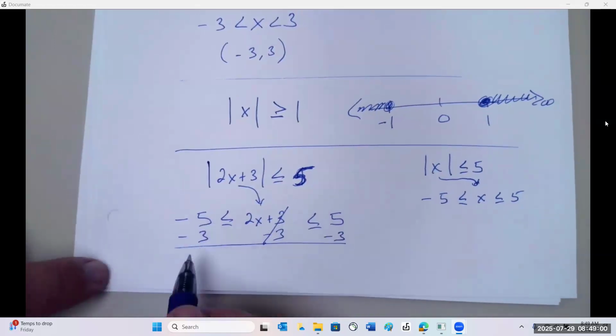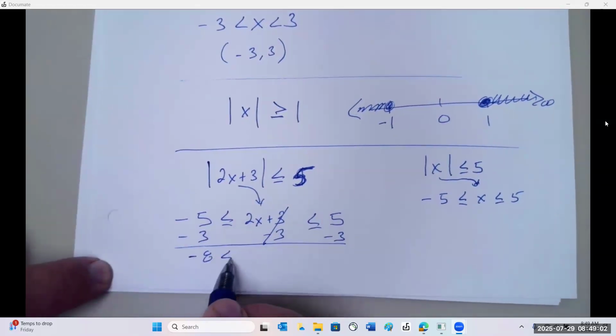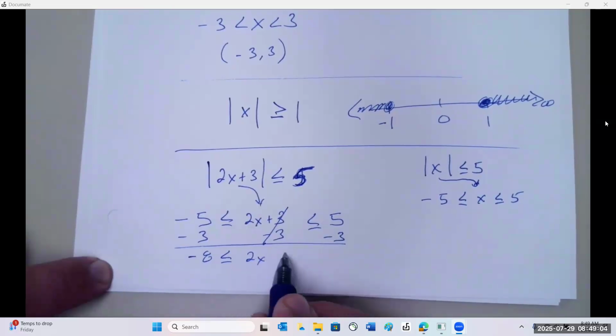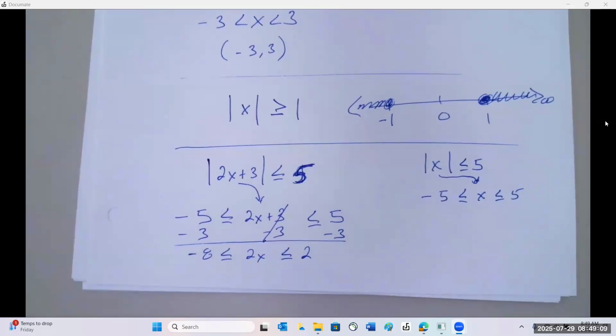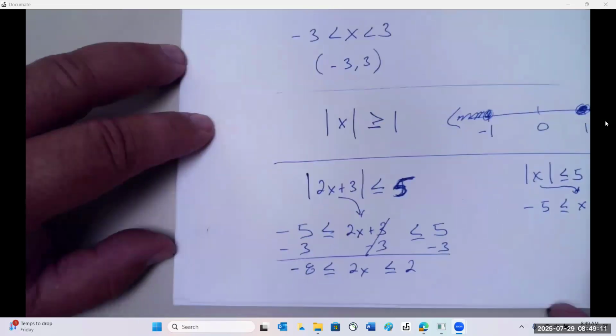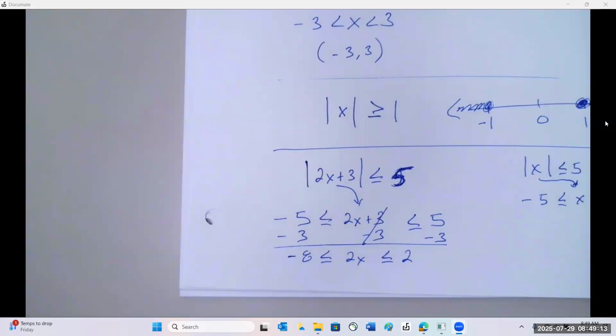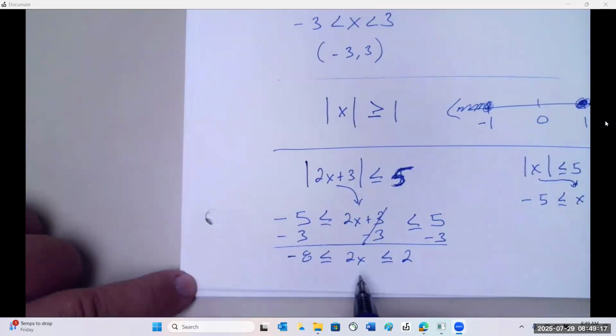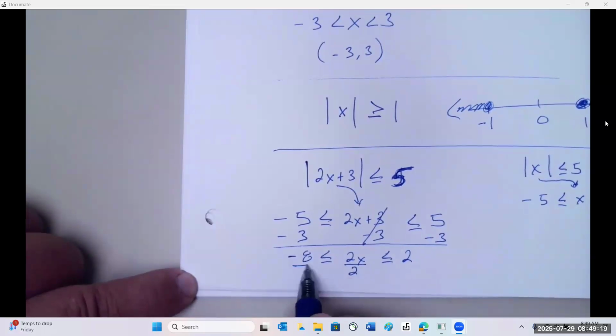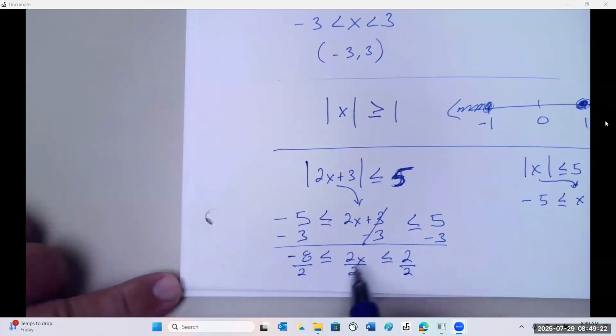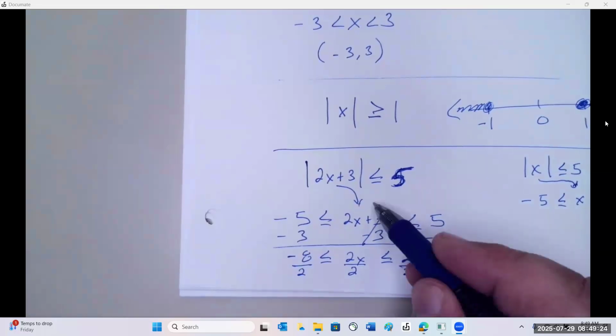So we have negative 5 minus 3 is negative 8. 2x. 5 minus 3 is 2. Now what do we do? Divide by 2, because we're solving for x. The only thing we have to look at is the middle term.